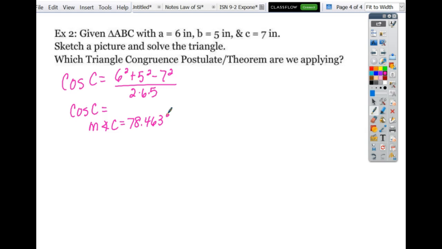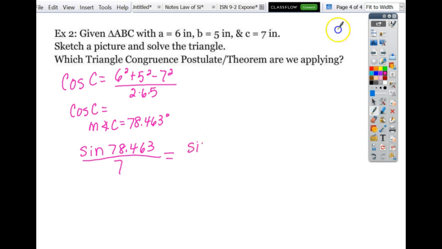Once you have the largest angle, now go back to sine, right? Because this is going to be faster. So I'm going to take the sine of 78.463 over. And so then we can find whichever side we want.